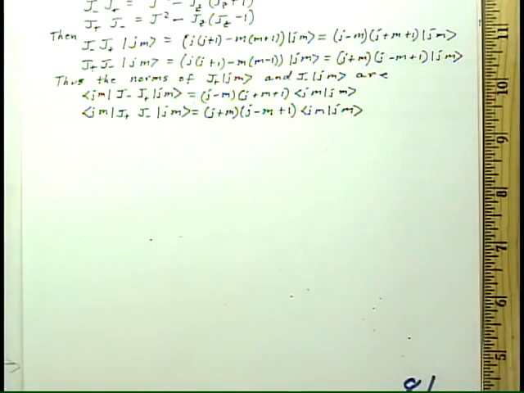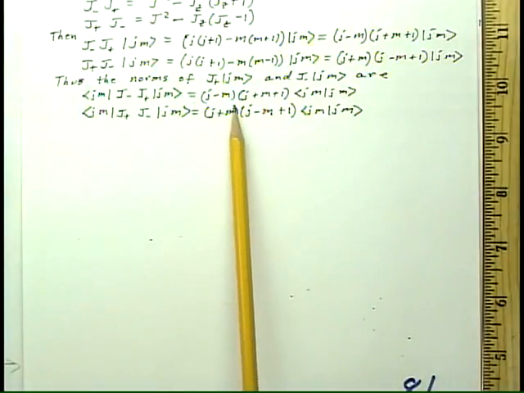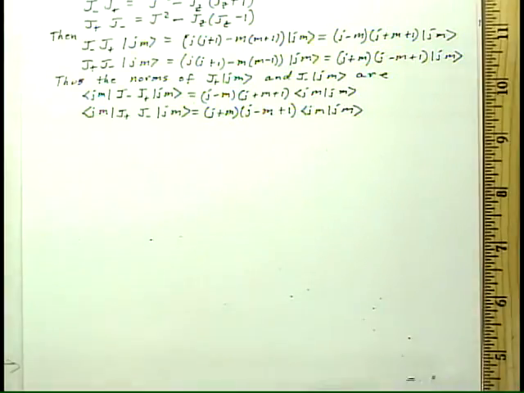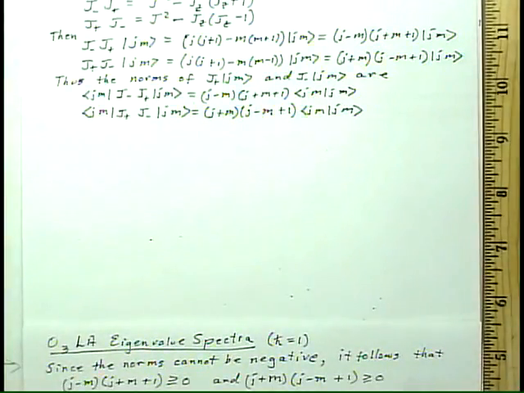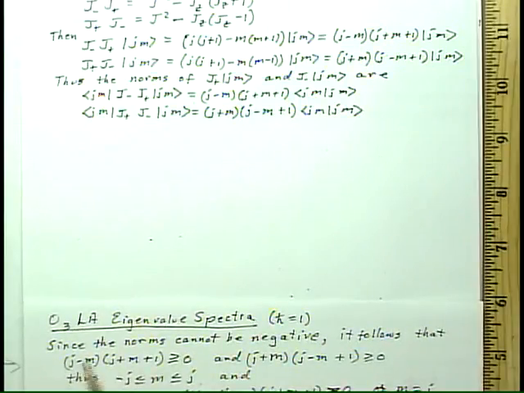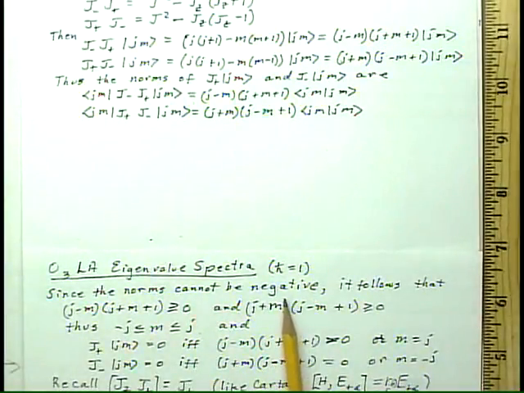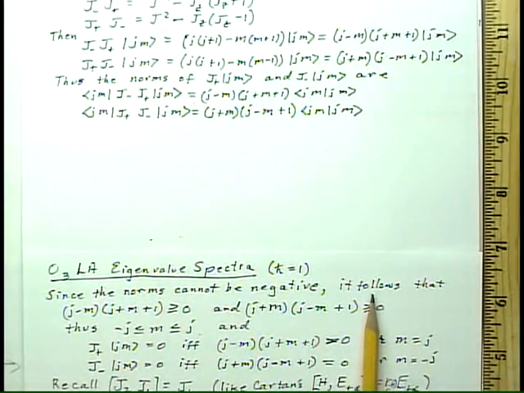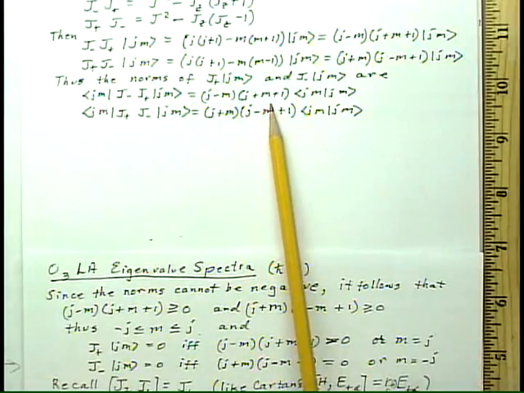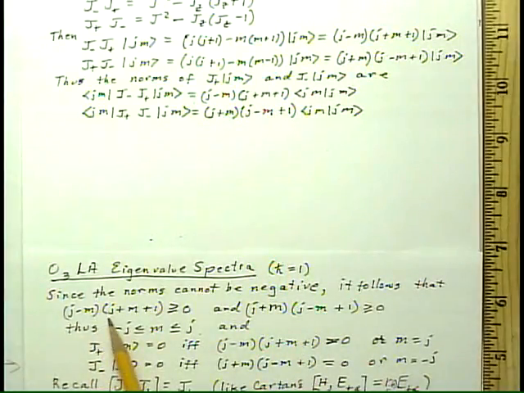I'm going to keep part of that page in front of us that we just completed so that we can see the norms of these vectors here. And as we go forward in looking at the eigenvalue spectra, the first thing that we want to do, and recall that we are using h bar equal to 1, the norms of vectors cannot be negative. It follows from this, in these equations right here, that (j minus m) times (j plus m plus 1) has to be greater than or equal to 0.